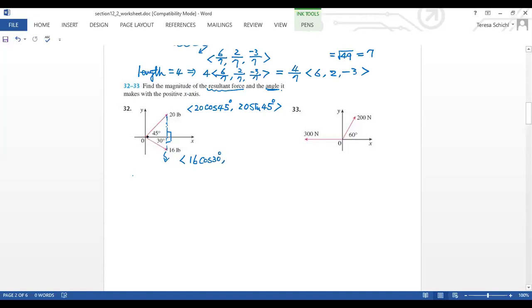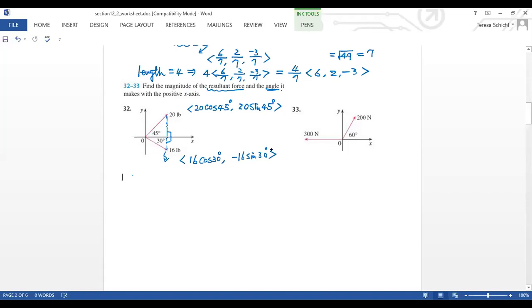And the y direction, because it is on the negative side, will be negative 16 sine 30 degrees.